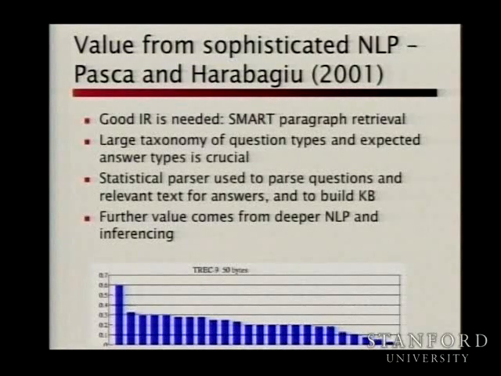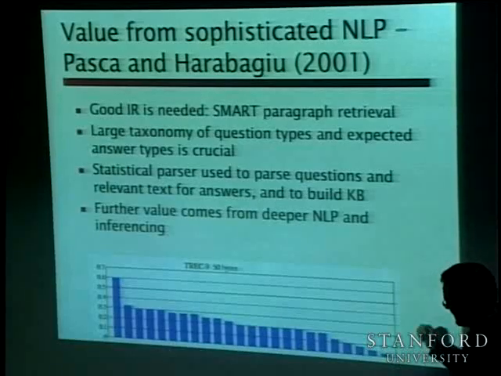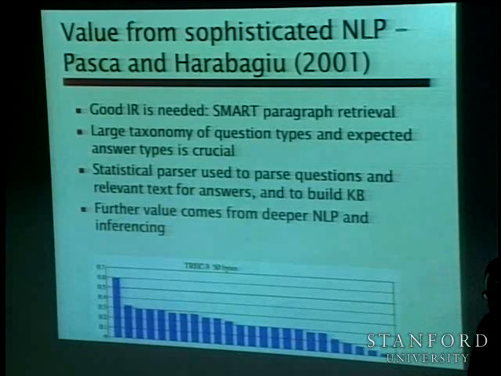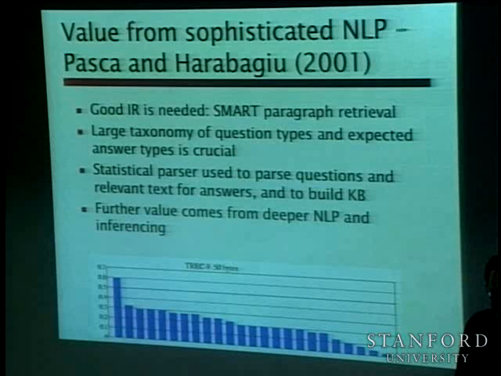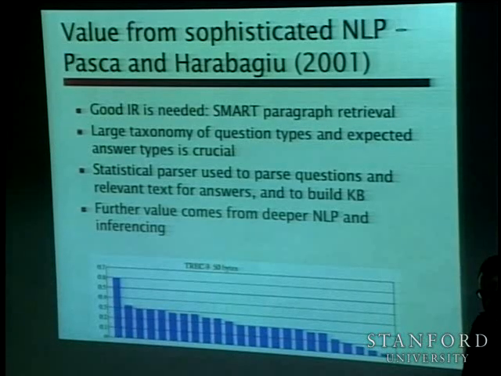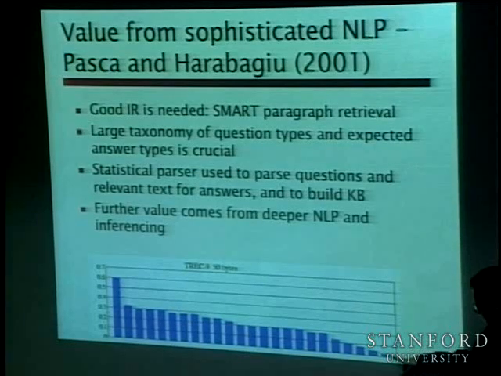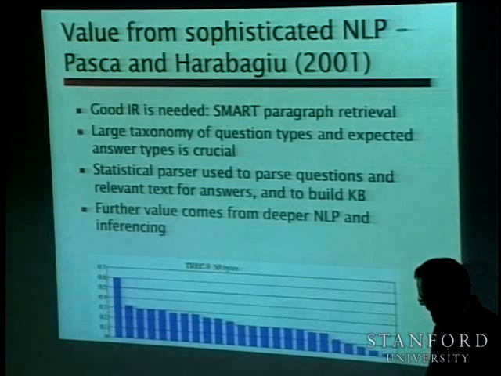But I'll just start off with the results here. This is from one of the earliest TRECs, and these are numbers showing mean reciprocal rank. Overall, the LCC system really, really works for them. If you look at these results, the picture you get is these are the systems that were really bad.